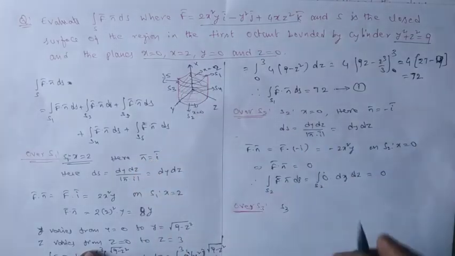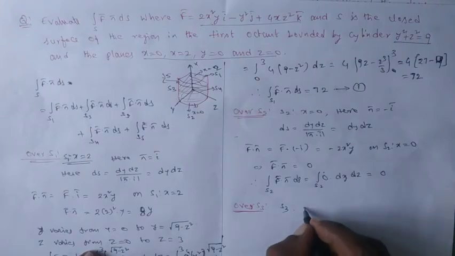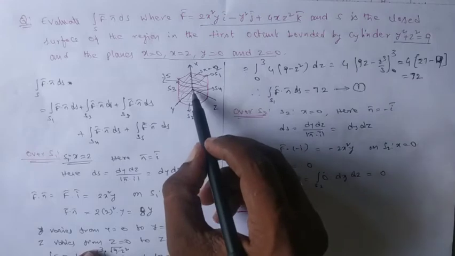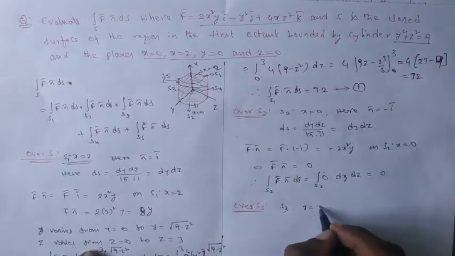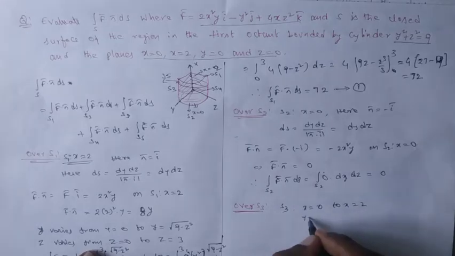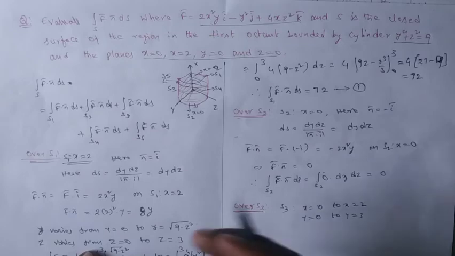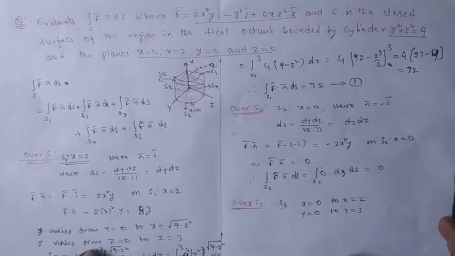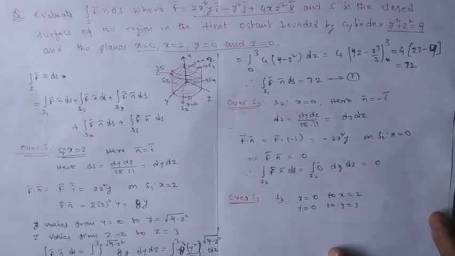So x boundaries are x equal to 0 to x equal to 2, and y equal to 0 to y equal to 3. Since it is already on the xy plane, we will not take the projection. So the surface itself is the region.